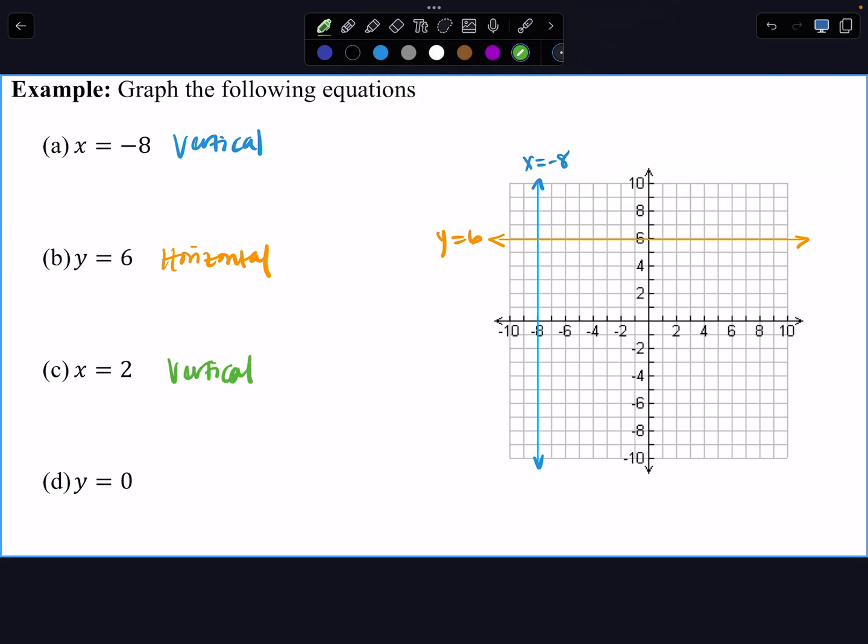You're just graphing each of those lines, and you're identifying if they're horizontal or vertical.